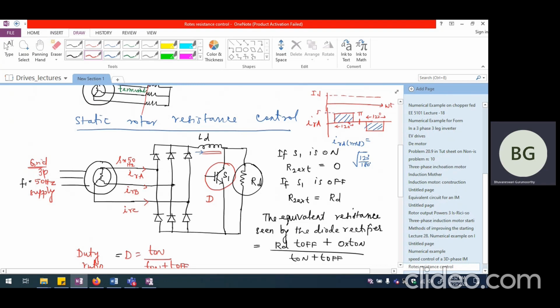Now this will also be ID and this will be minus ID. So the RMS value will be the square root of 120 divided by 180 multiplied by ID. That's why we wrote this as root of 2 by 3 times ID. So this is what we wrote as the per phase RMS current. Now this is the per phase RMS current we are talking about, which is also incidentally the rotor winding current.